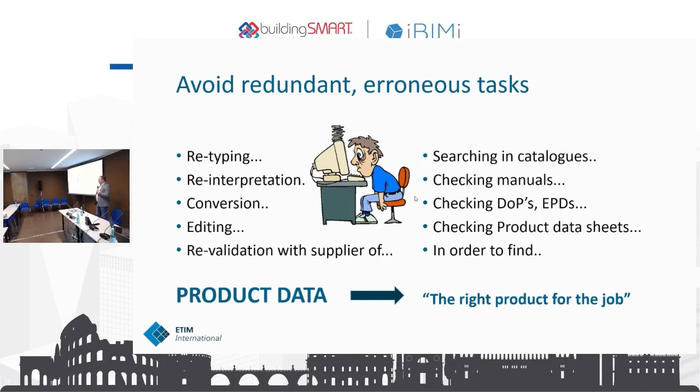Everybody wanted it their way. It was never our way. And we also saw that other people copied our data, but copied old data from old catalogs, which created a lot of errors. And we want to avoid that.